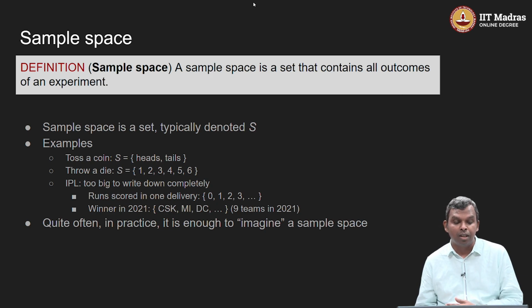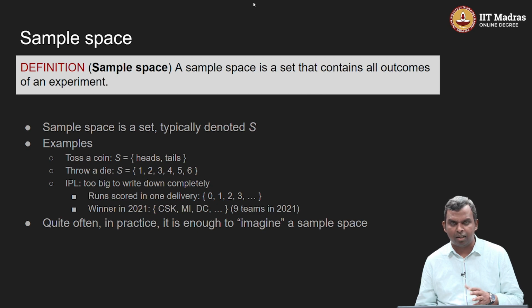But quite often, what I've seen in practice is, when you get really confused about what some definition has to be, you're not clear about it, you don't know how to think of something, in those kinds of situations, writing down the sample space can give you a lot of clarity. So in that way, sample space is quite useful.